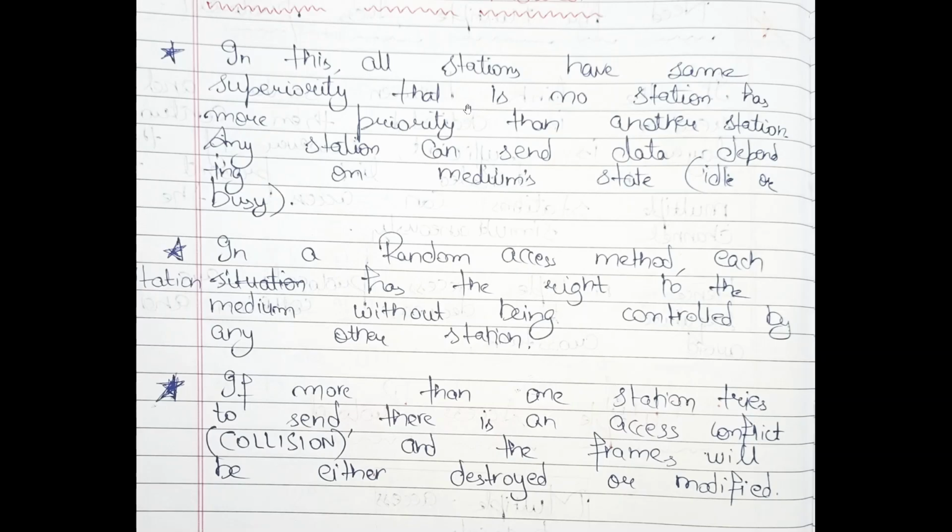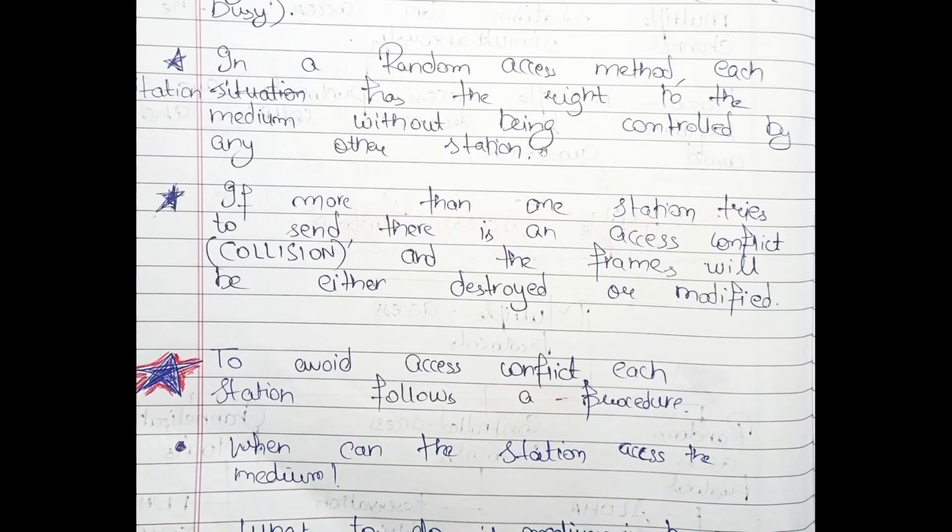However, if it is idle and 2 computers, 3 computers, 4 computers are sending the data simultaneously without any restrictions, then of course it's going to be a collision. In random access method, each station has the right to the medium without being controlled by any other station. This is what I told you earlier.